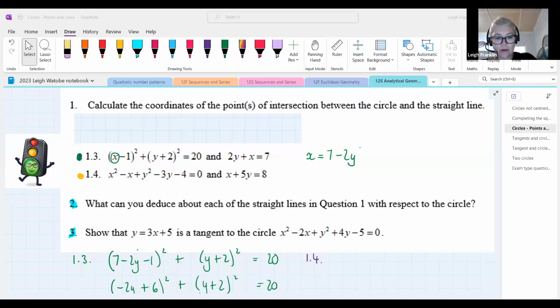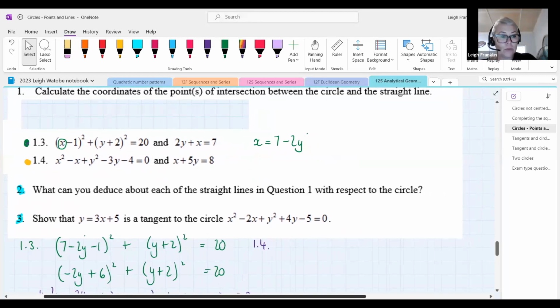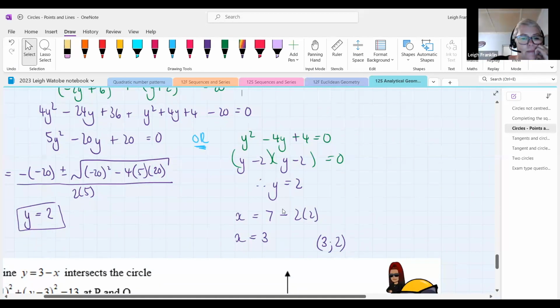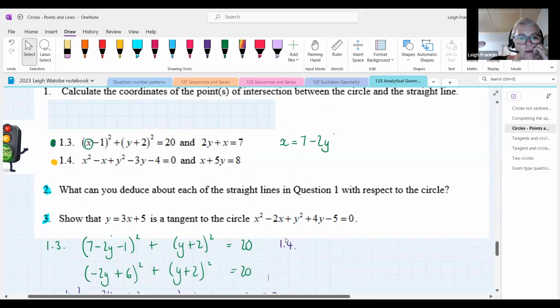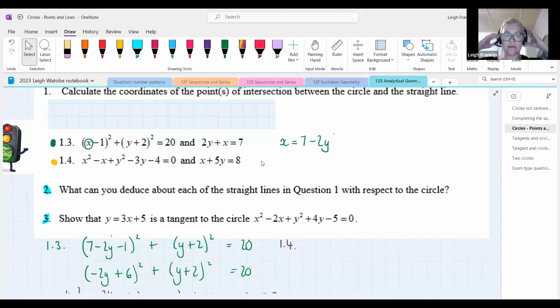Ma'am, I want to ask about 1.3. You see now we got that it touches the circle at one point, which means it's a tangent. Could we be asked, like in our previous session, whether the points lie on the circle, inside or outside?